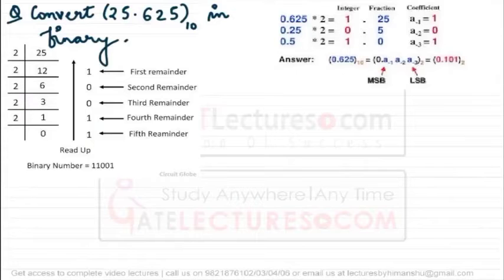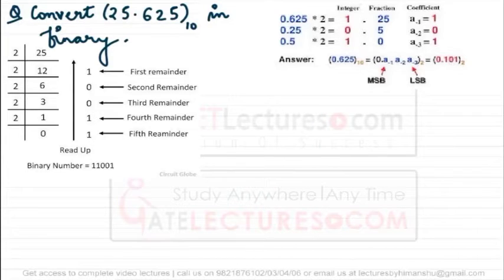We are given the question, convert 25.625 in binary. This number 25.625 is a decimal number. Let us look first at the integral part. 25 in this number is the integral part. How are we converting 25 to binary? We divide it repeatedly by 2. You divide 25 by 2, you get quotient 12, remainder 1. Then again you divide, quotient is 6, remainder is 0, then 3, 0.